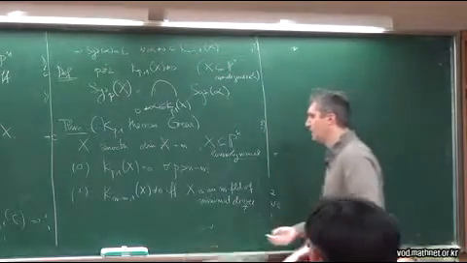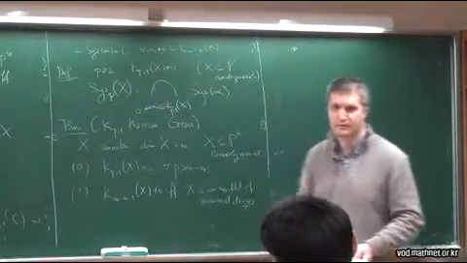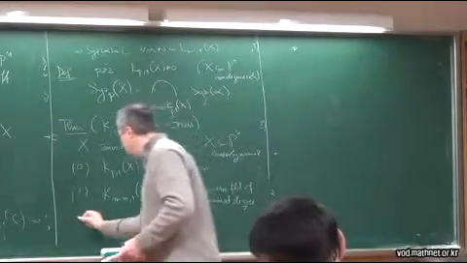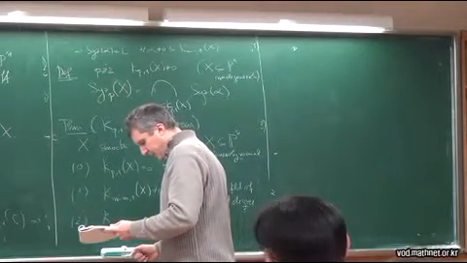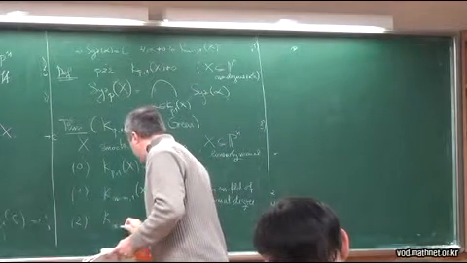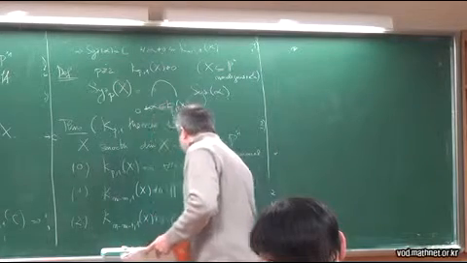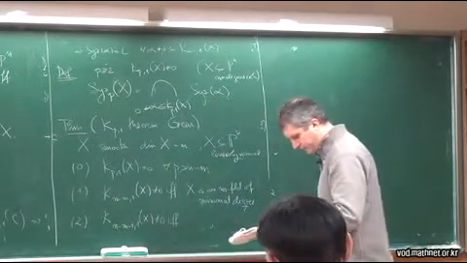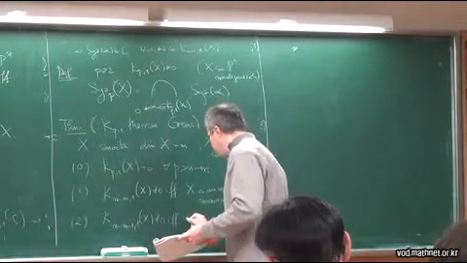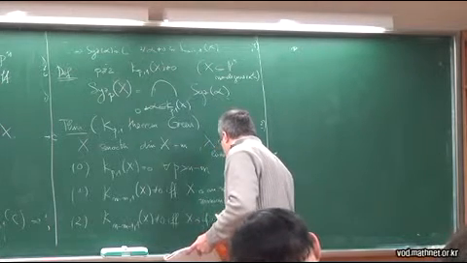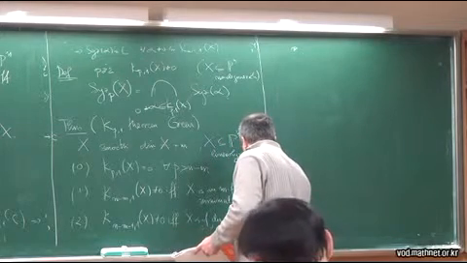If n is 1, then K_{n-1} is different from 0 if and only if it's a rational normal curve. And finally, the second is that K_{n-m-1}(X) is different from 0 if and only if X is of degree lower than or equal to n plus 2 minus m.